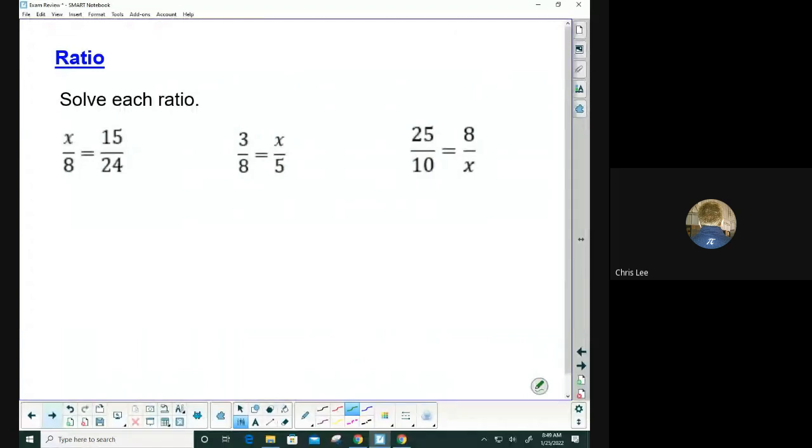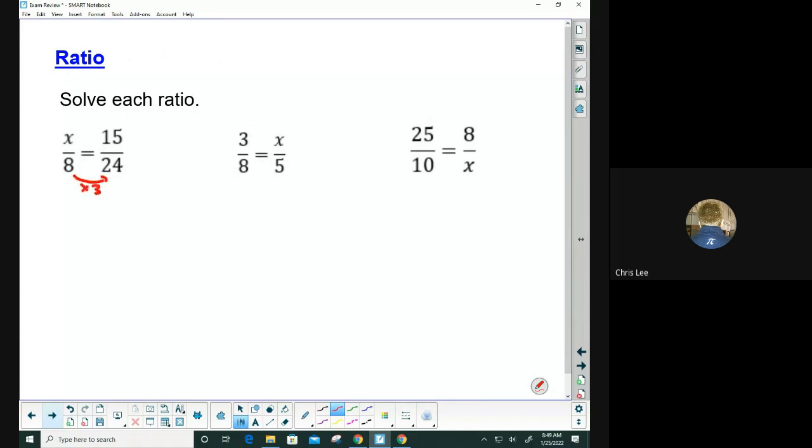So the unit rate things came up when we were doing proportions, and it was our work with all the fractions that is what we practiced in the ratios. So if you remember, we have lots of different possibilities on how to do these. Okay, so one is to try and find an equivalent fraction. So for example, what did I multiply by 8 to get 24?